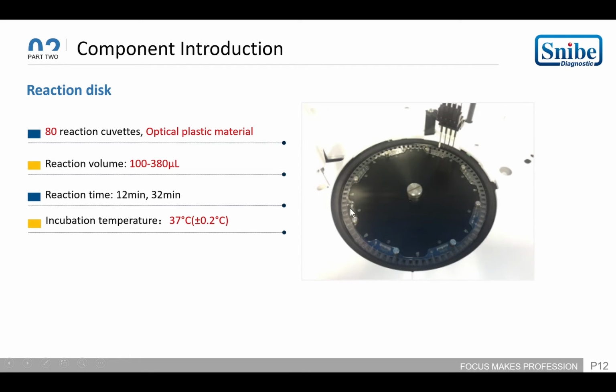I will show it in the next picture. The reaction volume is 100 to 318 microliters. You have to remember this. And this is the incubation temperature. Exactly, for the 240 Plus and the 240, the reaction time is also certain, 12 minutes or 32 minutes.